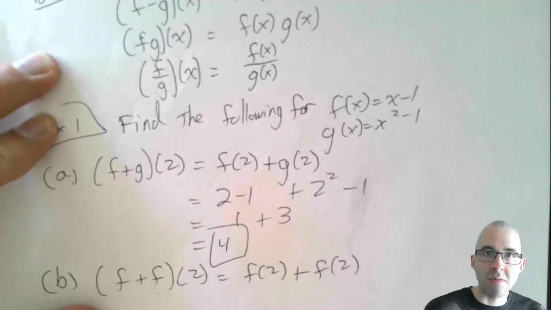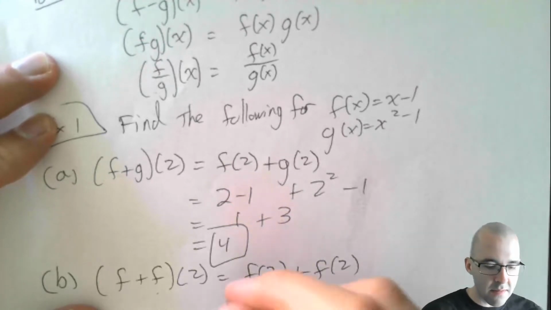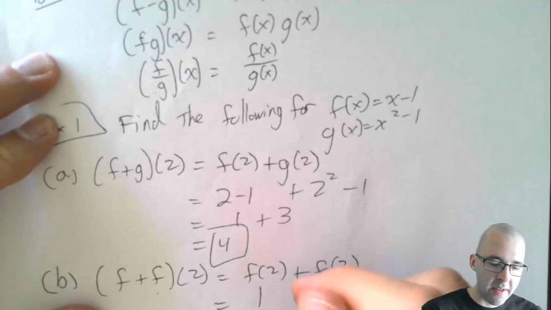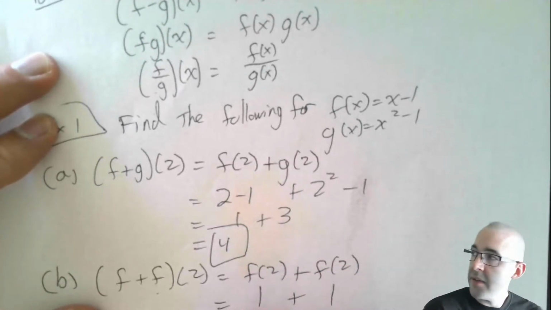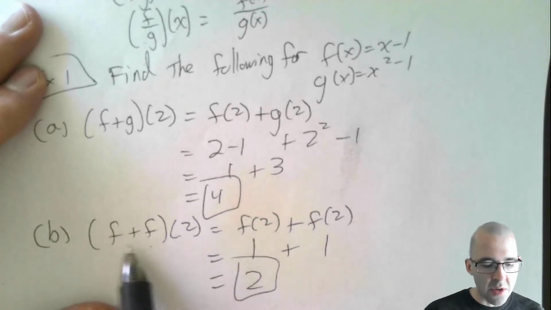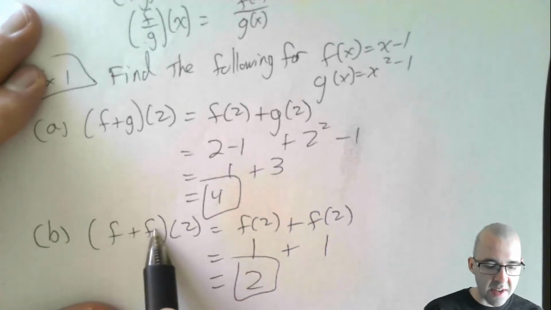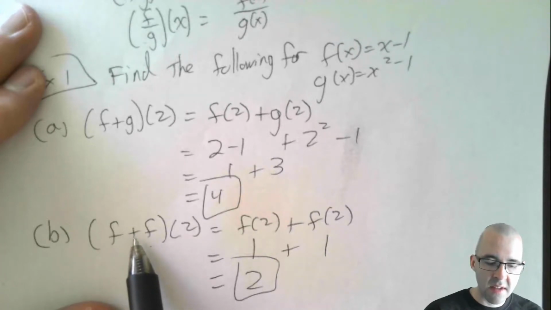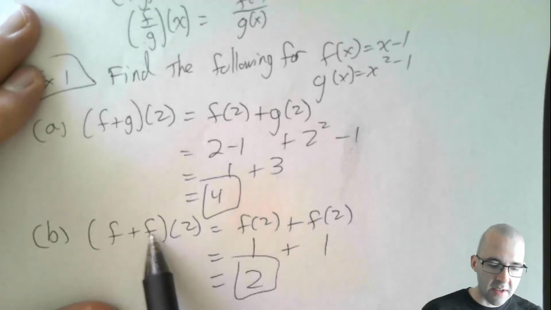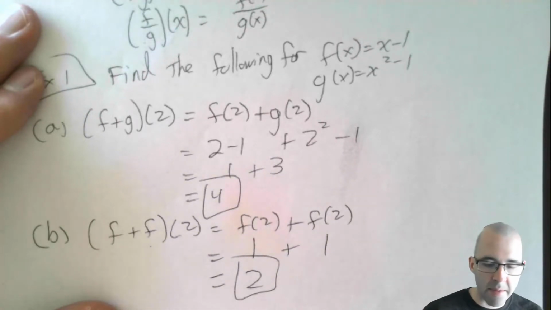So it's just f of 2 twice. Again, f of 2, just like before, is still 1. So it's just 1 plus 1, or 2. So don't be confused if in this section you see the same function twice. Instead of g over here, it's just going to be whatever is in that second spot.